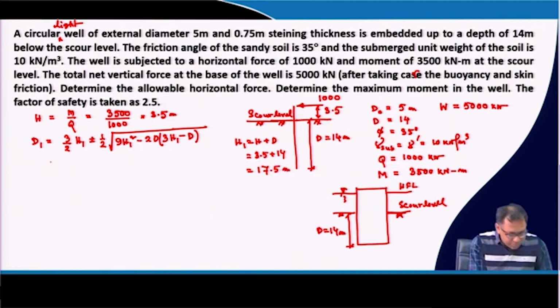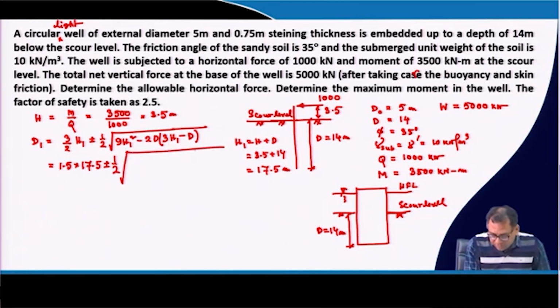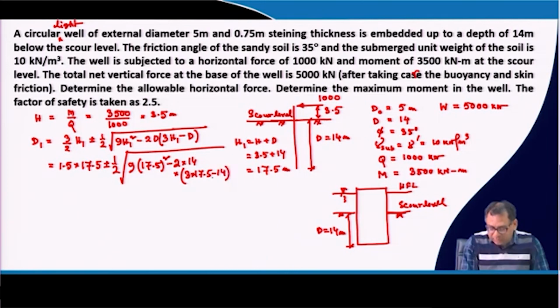Now if I put these values, this is 1.5 into 17.5 plus minus half root over 9 into 17.5 whole square minus 2 into 14 into 3 into 17.5 minus 14. So, this D1 is 5.77 meter from the base of the well.